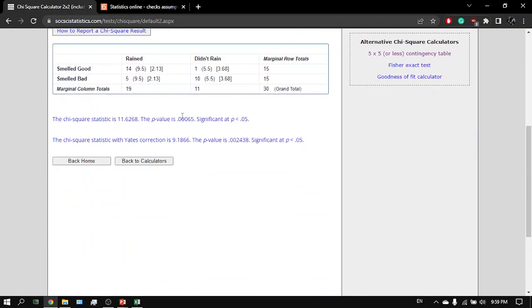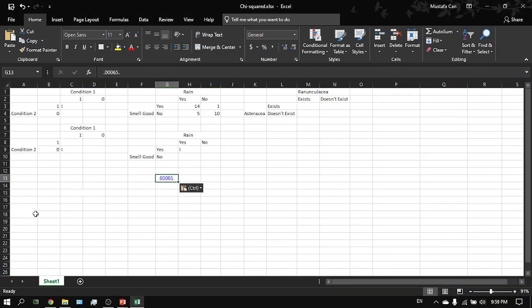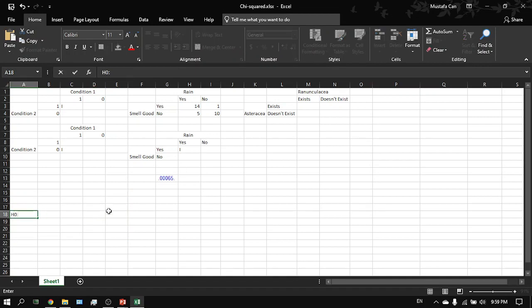It gives me the p-value. Let's evaluate it. I want to write the hypotheses for this test, so that you can write your own when you're doing your statistical test.